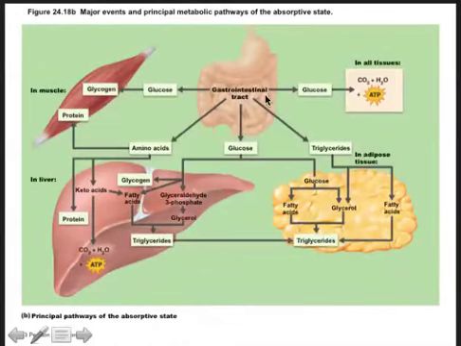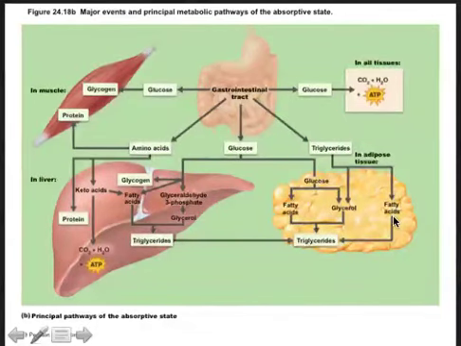If we look at this branch of the bifurcation, triglycerides, which are absorbed dietarily, can be shipped directly to adipose tissue, where they can be condensed with glycerol and form triglycerides, which are stored as fat, or they can be lysed, basically split, to form fatty acids.